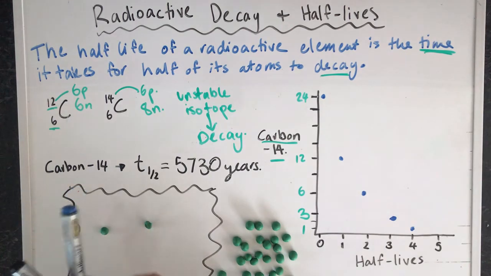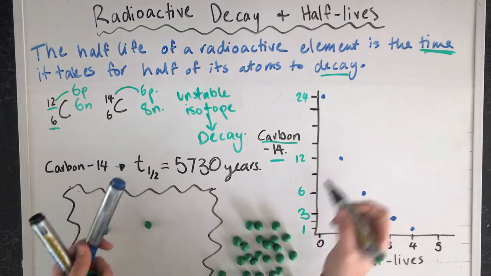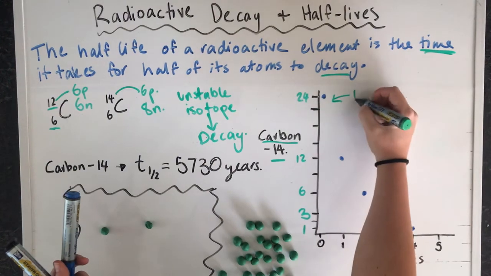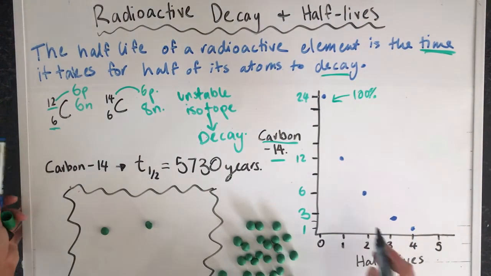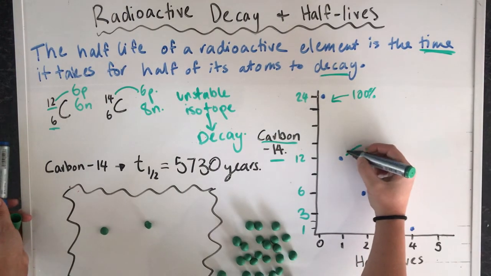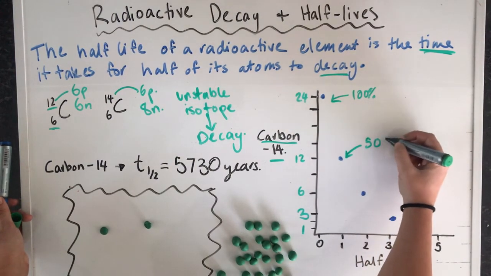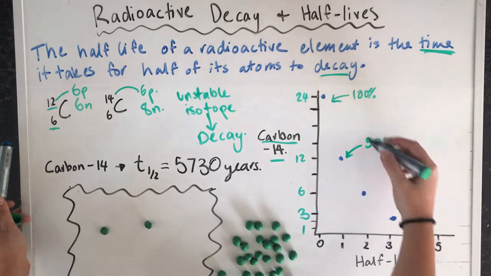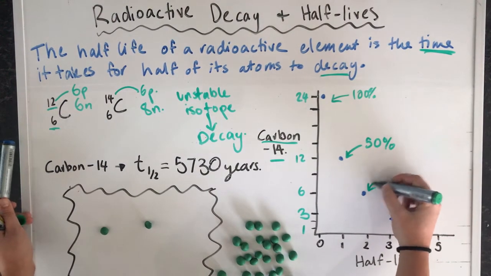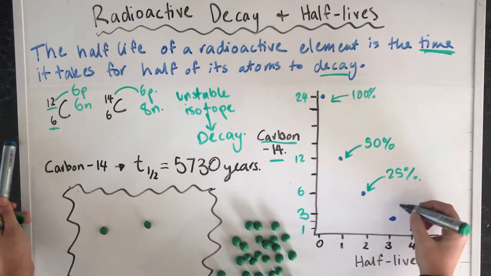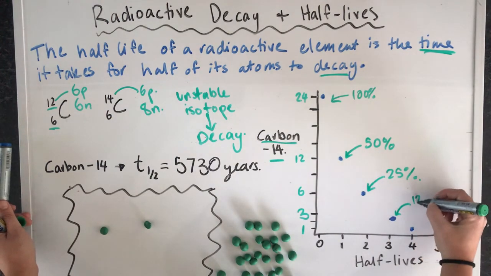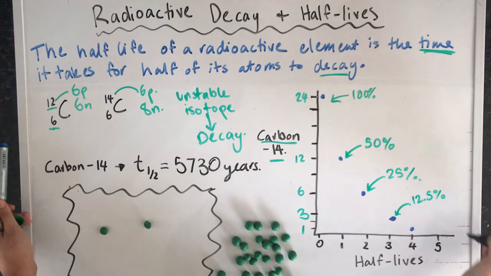But remember that we can also express these as percentages. So here, it's 100% because it's what we initially start with. It's our original amount. Here, it's half of our original amount. So how much is that? 50%. Half of 50% now is 25%. Half of 25% is 12.5%.